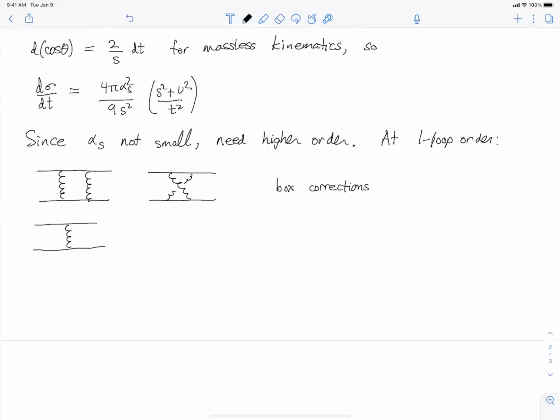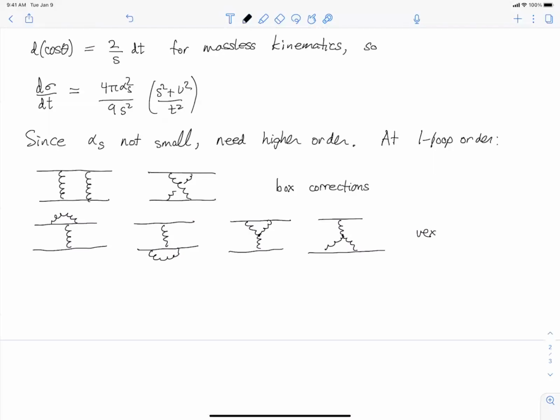So I'm still exchanging one gluon, but now I exchange a gluon like that, or like that. Or here's another one you can draw. Because there's a 3 gluon vertex, you can draw that one. Or this one. Okay, and so these are called vertex corrections.